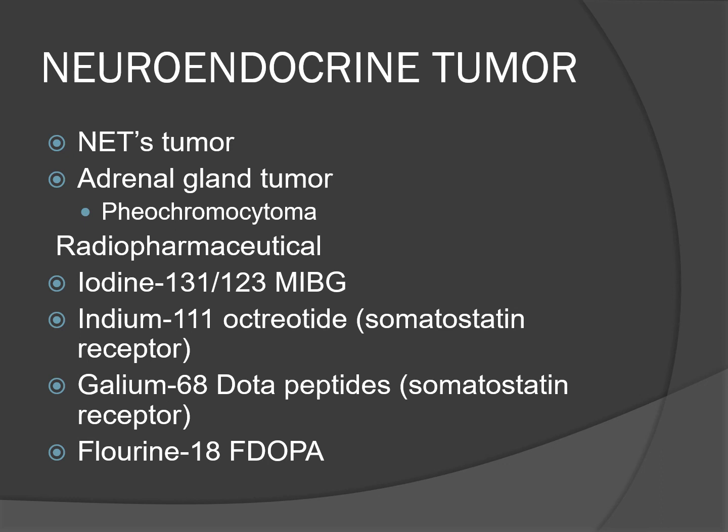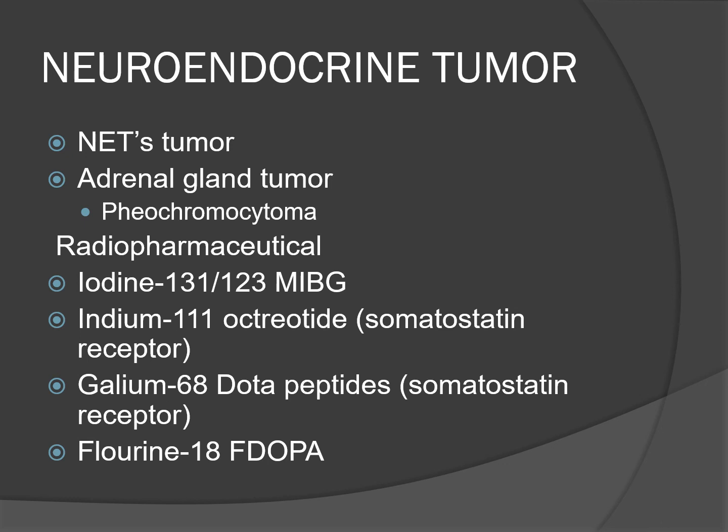But the latest for neuroendocrine tumor, usually they use gallium-68 DOTA peptides for the somatostatin receptor, or fluorine-18 FDOPA. Gallium-68 and fluorine-18 are PET emitters, but iodine and indium are SPECT emitters, the normal gamma ray emitters.